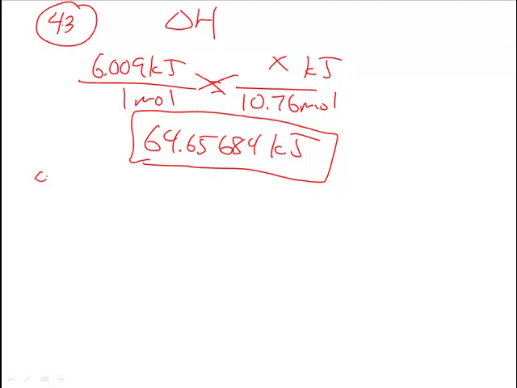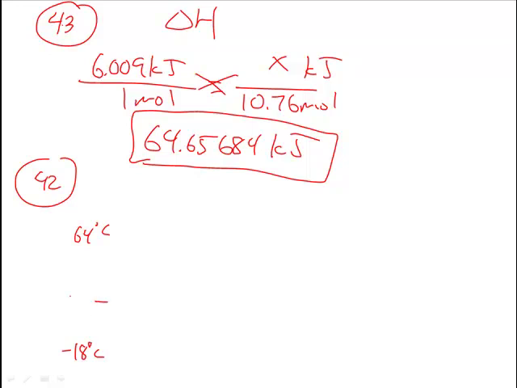For problem number 42, it's asking you to find the energy for changing water from negative 18 degrees, and it goes up into water at 64 degrees.